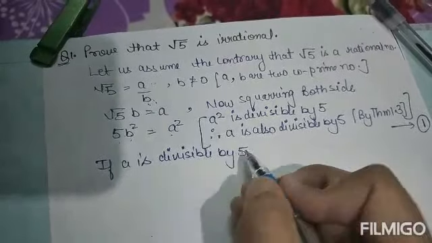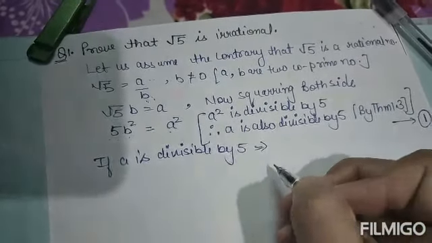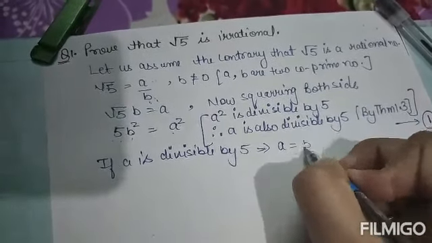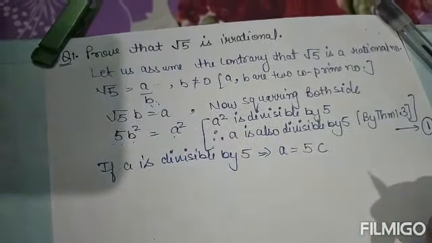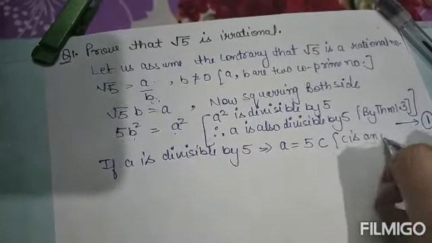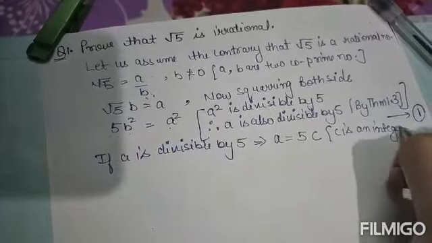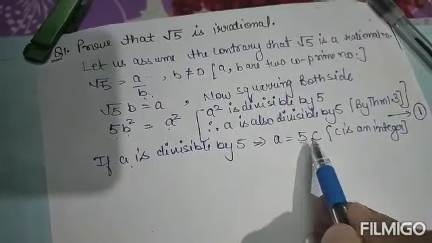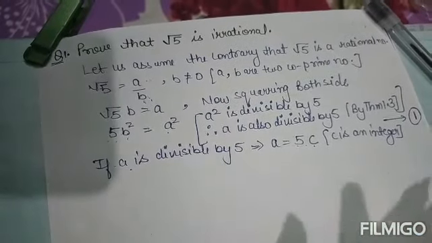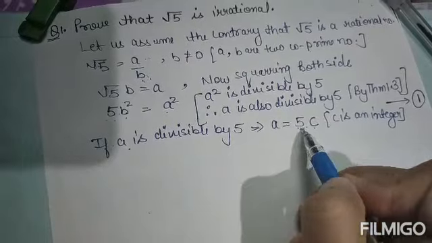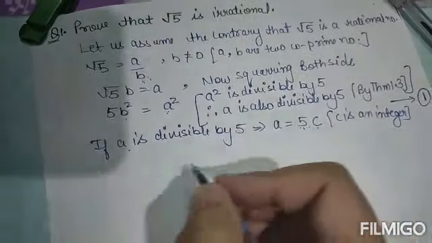If A is divisible by 5, that means A will be equal to 5C, where C is an integer. Then A can be written as 5 multiply C. C can be any number. So that means now you have to put this value here.